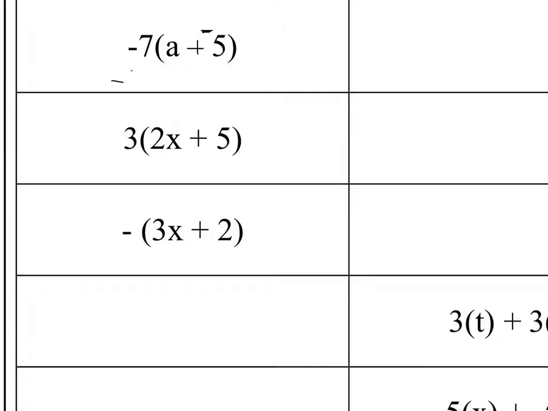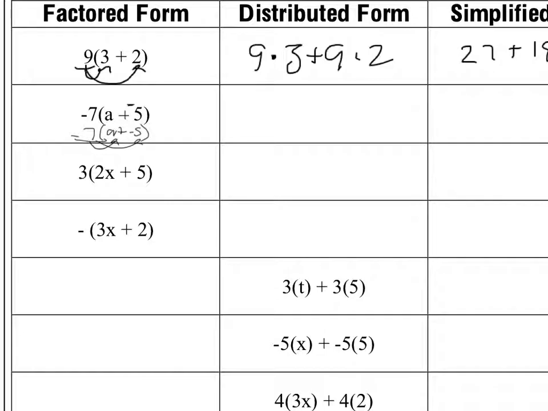If you're more comfortable rewriting it, please go ahead and do that. And I distribute in my negative 7a. So here I end up with negative 7 times a plus negative 7. And after that, adding the opposite, this is negative 7 times negative 5.